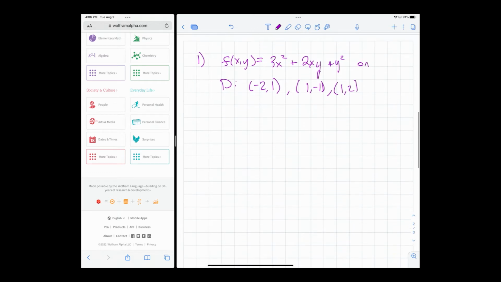So before we get started, let's just draw what D looks like. It looks like x values go between -2 and 1. All right, so let's just put the points on here. We have -2, 1, so let's put that there. We have 1, -1, so let's put that here.